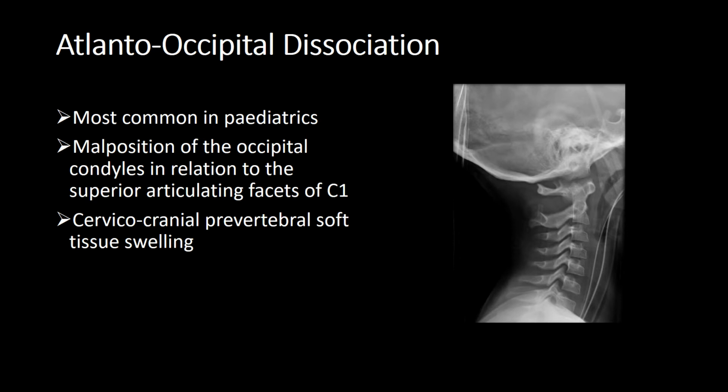Good way to check alignment of the occiput in relation to the cervical spine. If you come down the clivus here, the clivus should be in alignment with the posterior third of the vertebral body of C2. We can see here that the clivus is actually in alignment with the anterior cortex of the vertebral body of C2, indicating that there's malalignment.